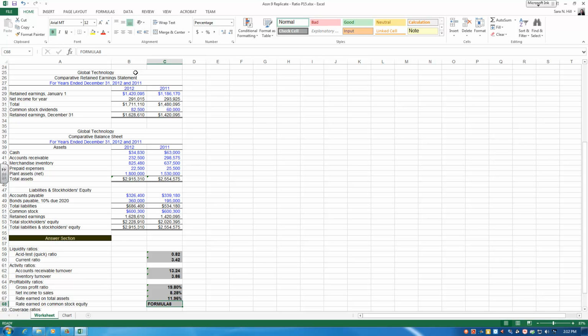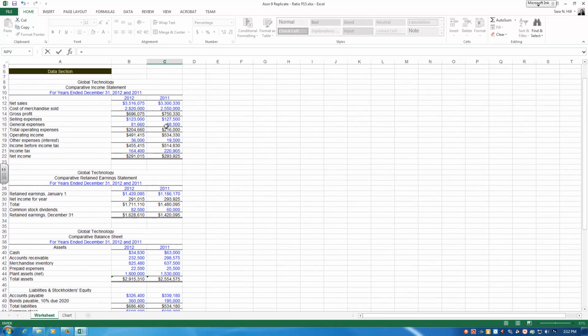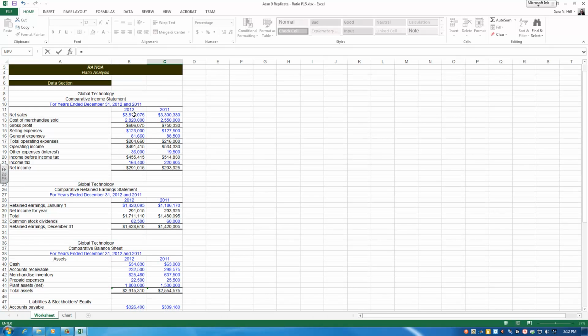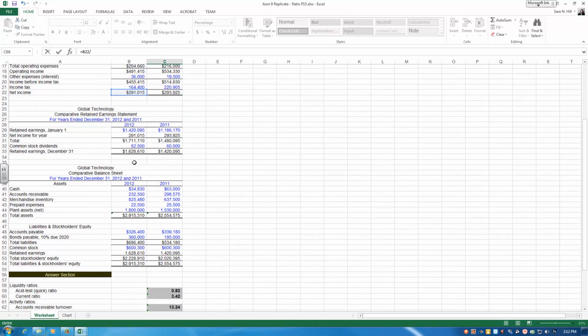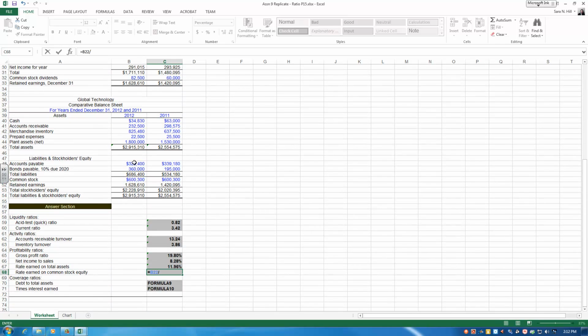Closing out the profitability ratios section, let's go to rate earned on common stock equity. Here we're going to simply take our net income divided by the average of the equity. Okay, so let's go up and grab our net income. Divided by, and we want the average of our equity.